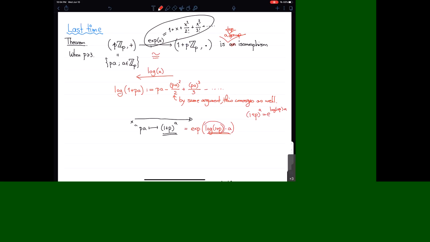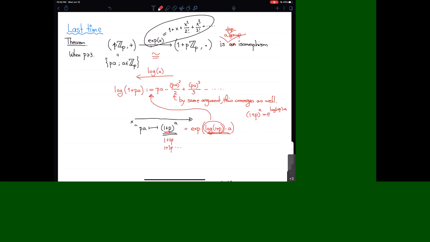And log of 1 plus p is as explained over here. You just take the Taylor expansion of this. In fact, you don't have to take 1 plus p, you can take 1 plus 2p or 1 plus 3p, anything you want. If you take 1 plus p squared, it'll be very different.